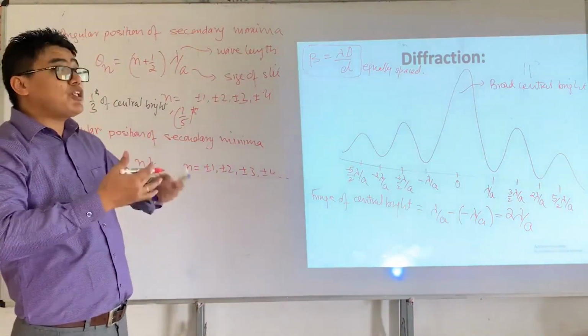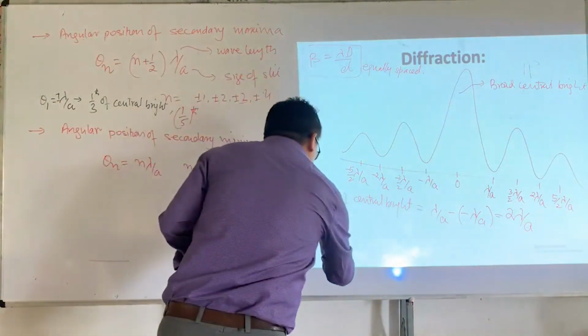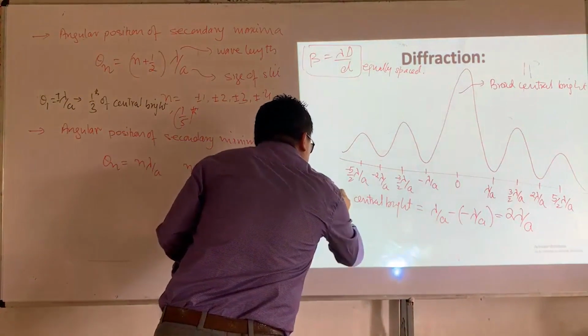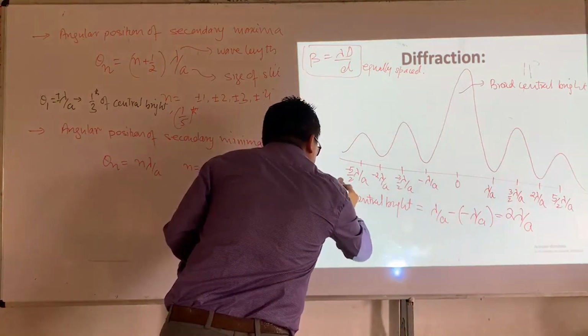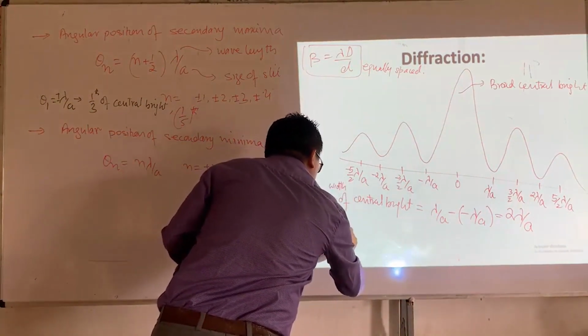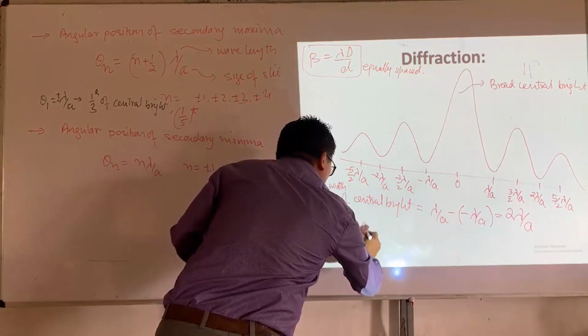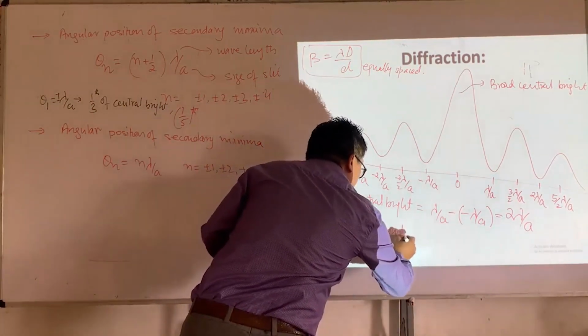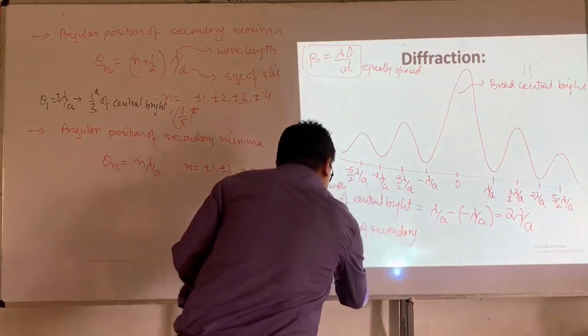And what about the fringe width of a secondary? Alright, so fringe width, I'm sorry, this is missing here. Fringe width of a secondary maxima or minima, whatever.